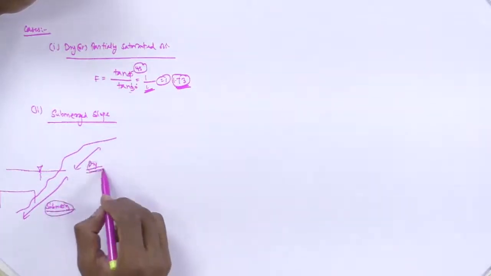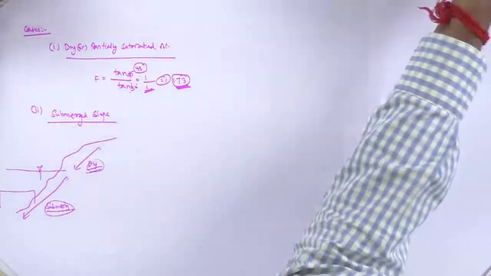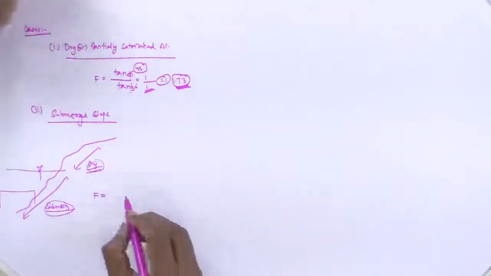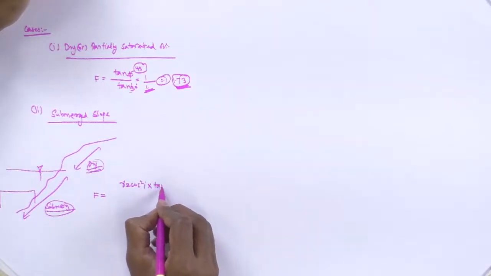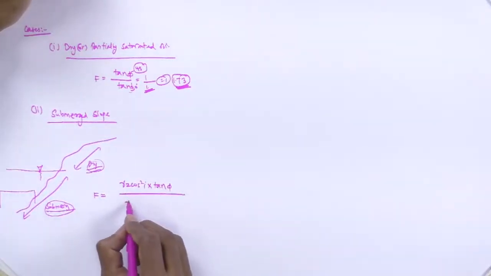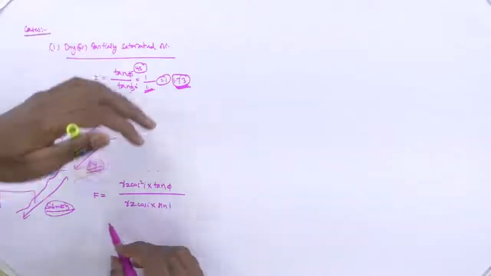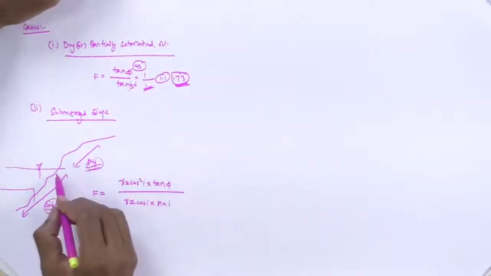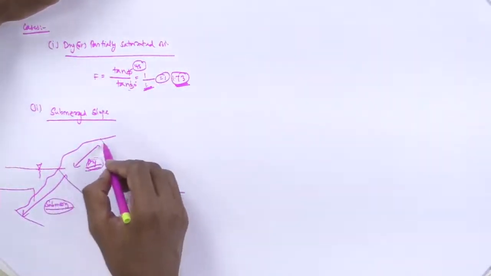In this case, to compute whether your slope is stable or not, F is as I have done earlier: gamma z cos square I into tan phi divided by gamma z cos I into sin I, which is the equation from the previous derivation. This stretch is the submerged slope, and this is the dry slope.